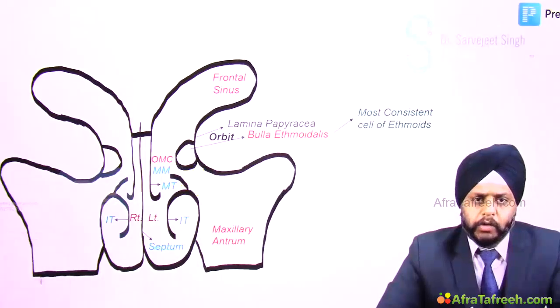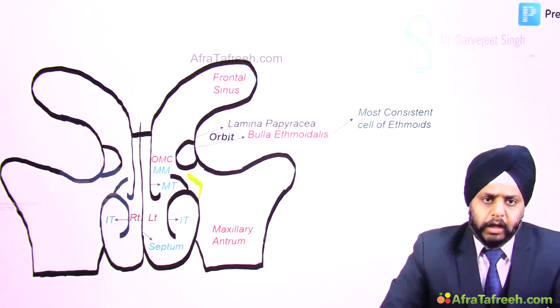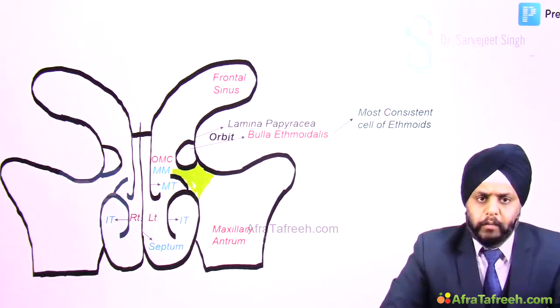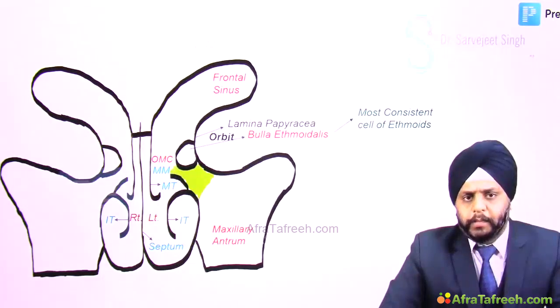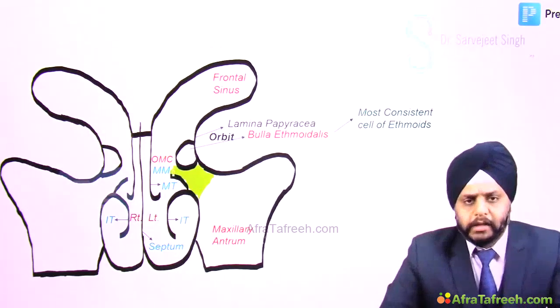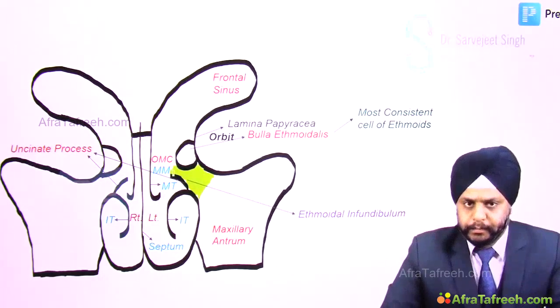But because we have this uncinate process, so what happens now? The drainage pathway becomes longer and it becomes narrower. So this long and narrow drainage pathway of the maxillary sinus is known as infundibulum.